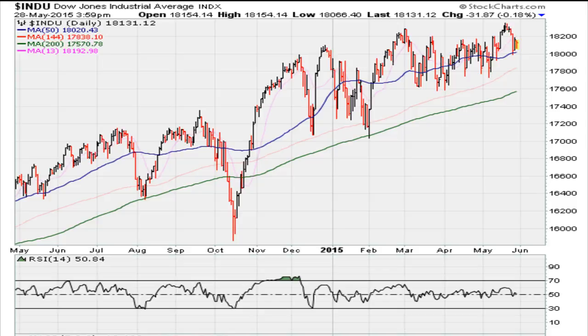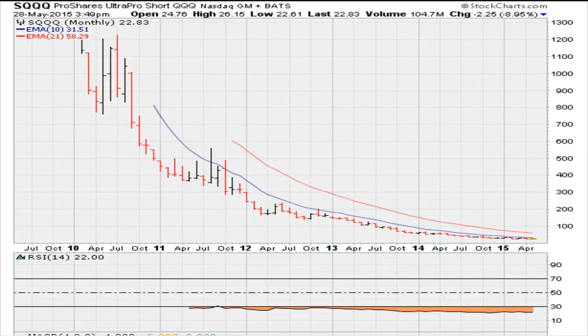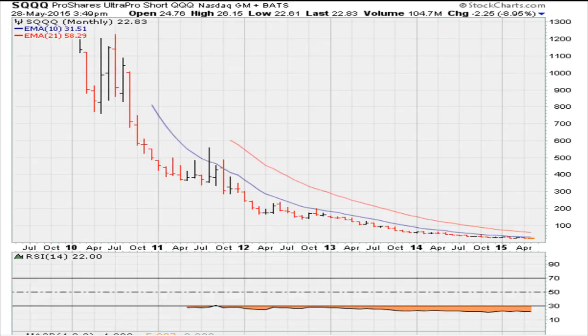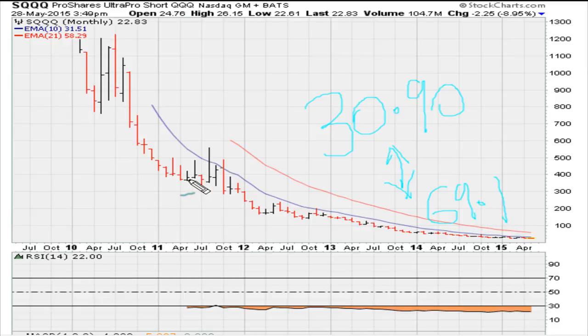So let's move on here and take a look at this instrument. Now this is the instrument you own, and we see here that the risk, and it's a problem, the fundamental error, is holding an instrument that is trading below 30.90. Keep in mind, 30.90 is just the exact opposite of 69.1.